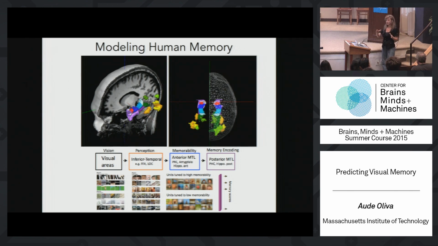I'm not saying that the model I'm showing you is a model that imitates the brain, but it's a model zero, and now it can be tuned to the calculations that are done at different levels along the visual to memory hierarchy in order to characterize visual memory.